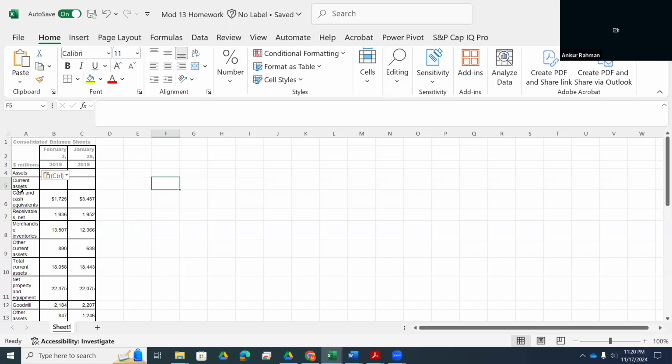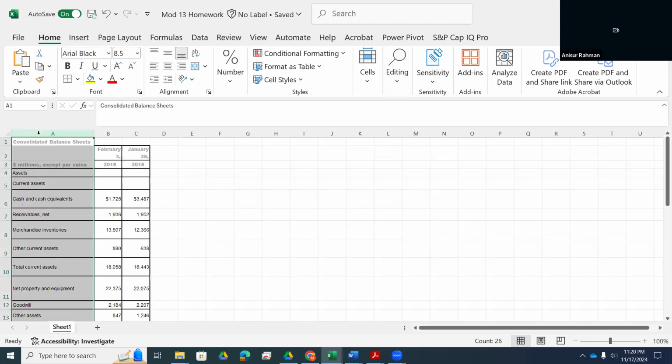Now I want to increase the width of this column. What I can do is click on this letter A, which is the heading of this column. This will highlight the entire column, and then I can move my cursor until I see this. See how it changes, and then I'll double click. It will auto resize this entire column.